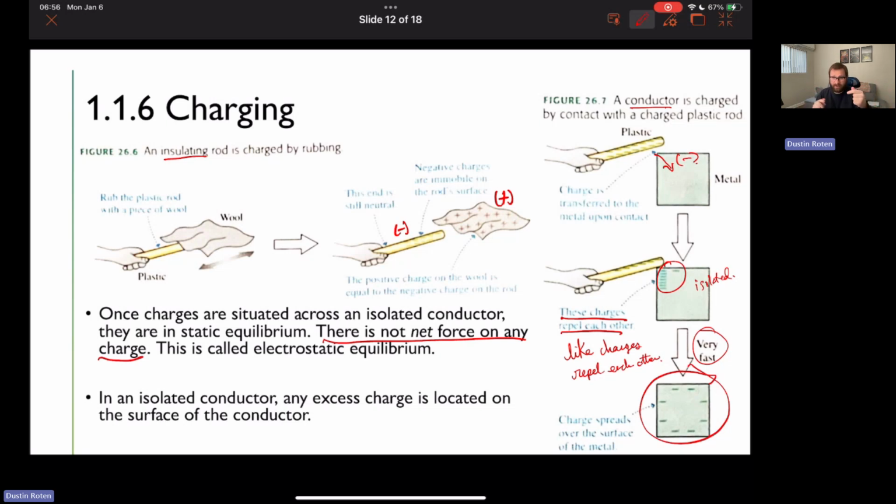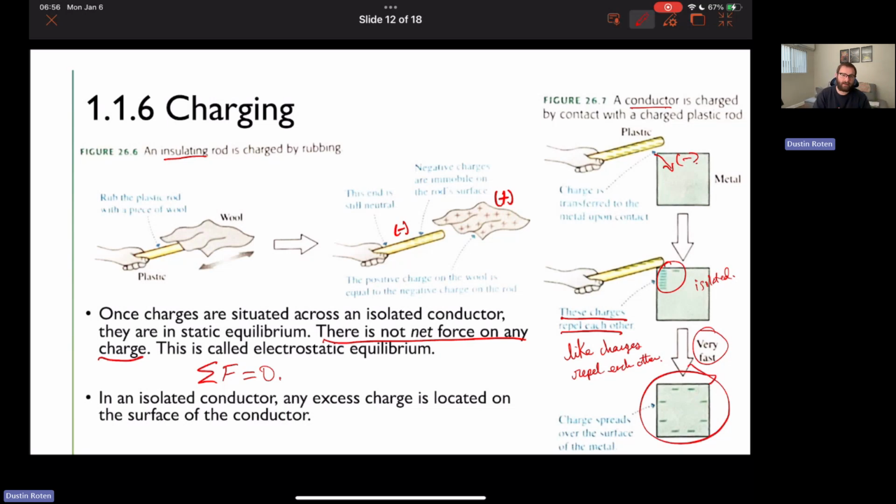There's still forces acting on them, but they're all balanced out. So you can think about it sort of like Newton's first law, the sum of the forces equals zero. That's what these electrons are after. They want to situate themselves so all these forces, when you add them up, actually cancel each other out.